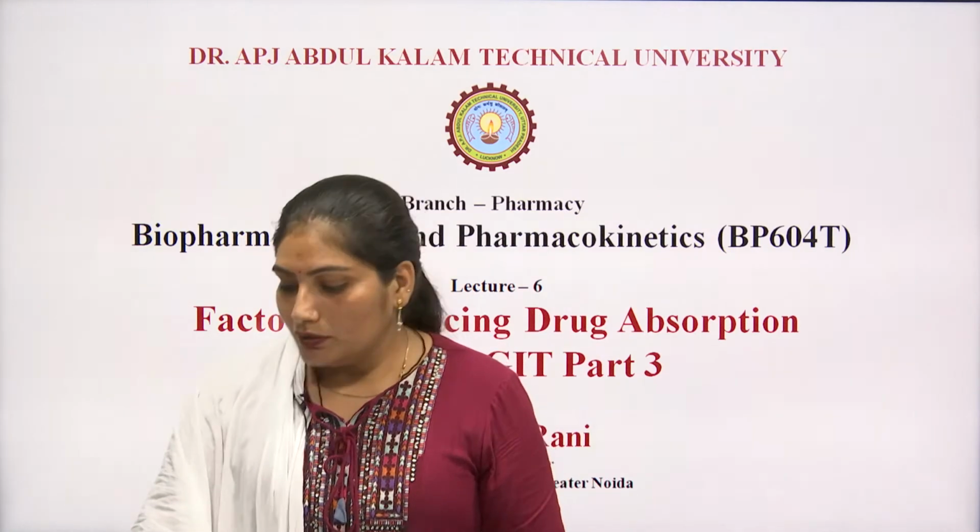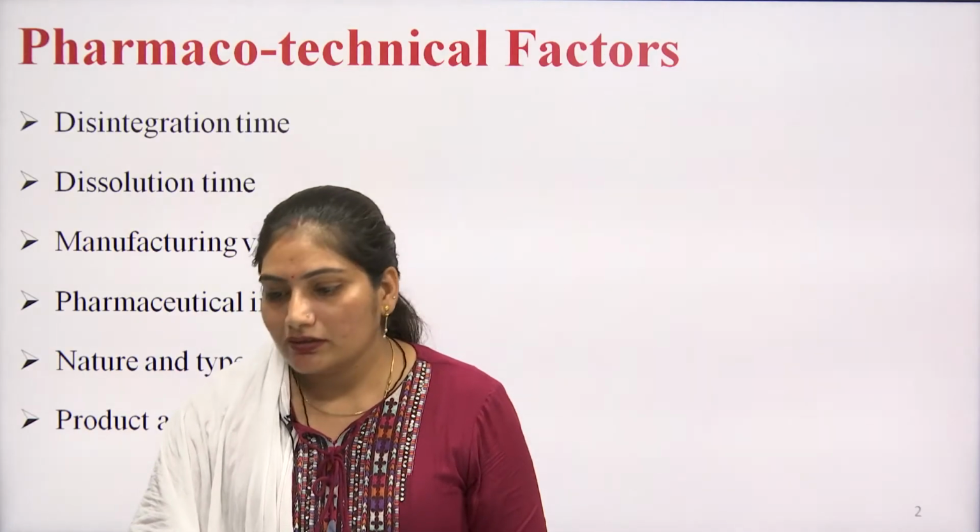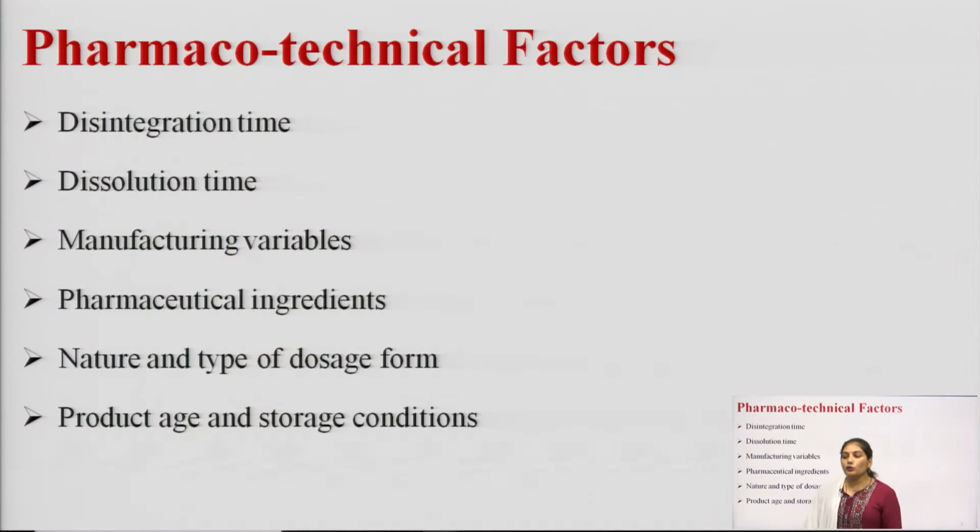Now, this lecture will deal with the pharmacotechnical factors, or the dosage form related factors, that can affect the dissolution, the drug absorption, and ultimately the bioavailability of the drug substance.